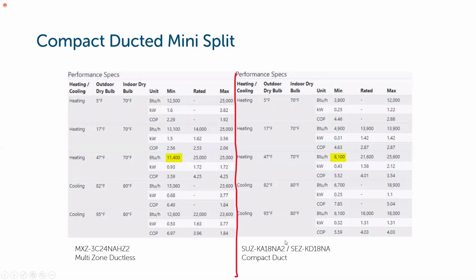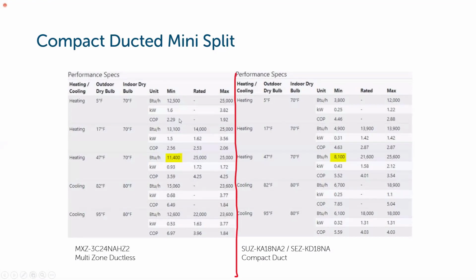In this situation, on the right here, we're looking at a compact ducted unit, and on the left, this is the multi-zone single condenser outdoor unit. So we're looking at a mini split head in the bedroom, and a duct coming from that central air handler. The mini ducted system will put out at a maximum 12,000 BTUs at 5 degrees. The split system here will put out at a minimum 12,500 BTUs at 5 degrees.